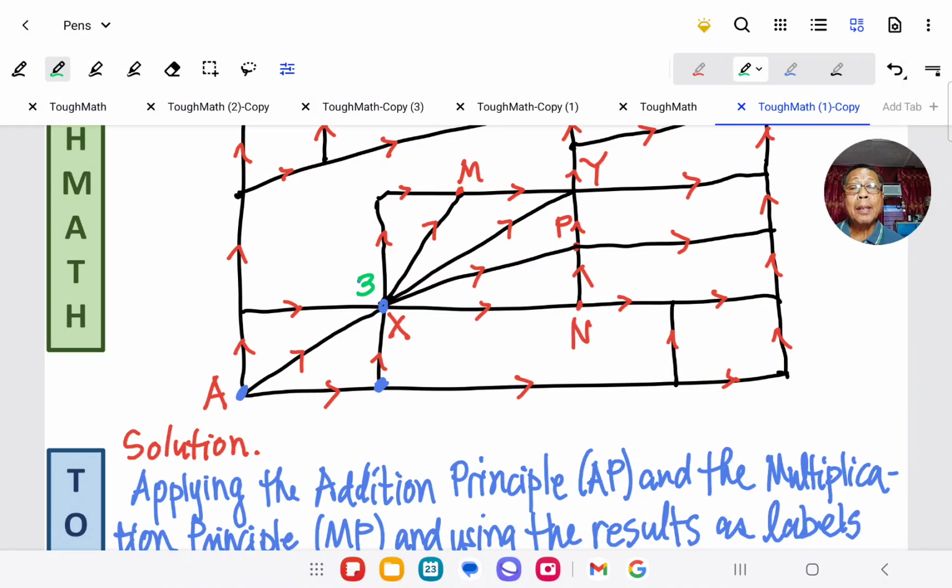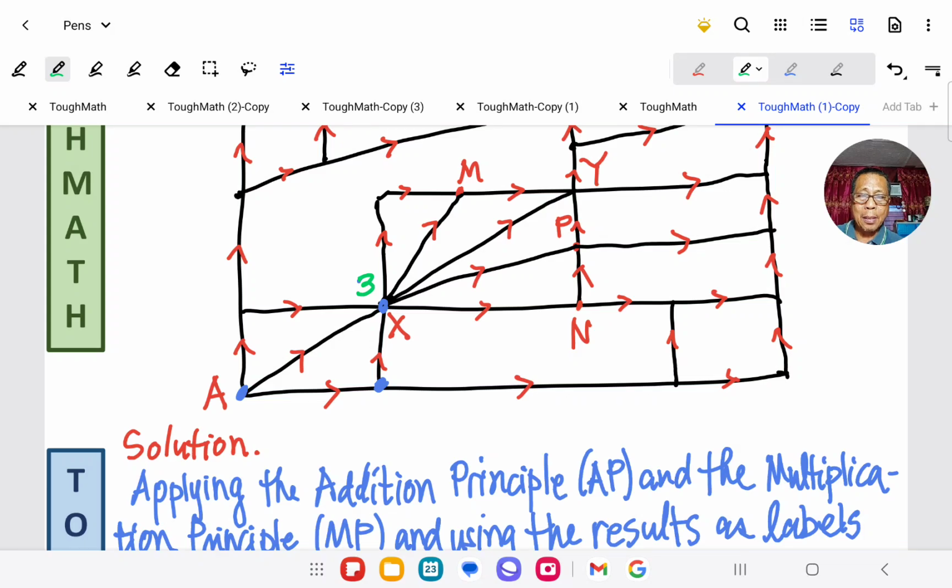And then from X to Y, notice that there are how many ways? There are 5 ways. Either you go up and then go to M and then to Y, that's one way. And then you go from X to M and then go to Y, that's the second way. The third path from X to Y is you go directly, diagonally.